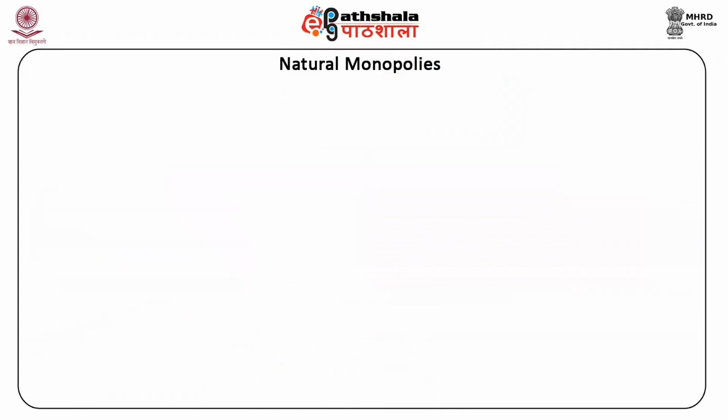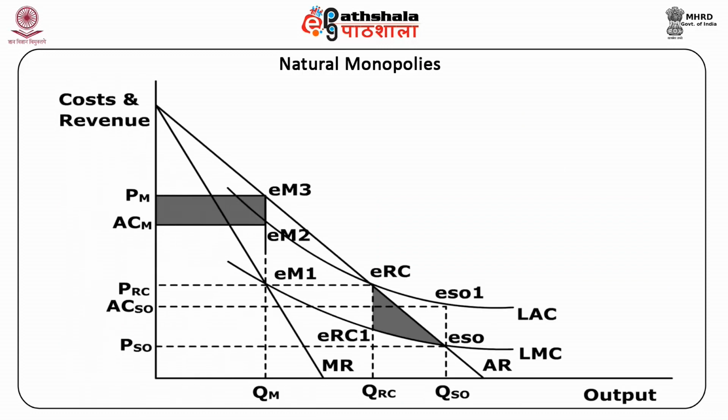In the case of natural monopolies, Figure 1, the long-run average total costs (LAC) keep falling as a result of economies of scale associated with larger output, and the long-run marginal cost (LMC) is always below the average total cost.